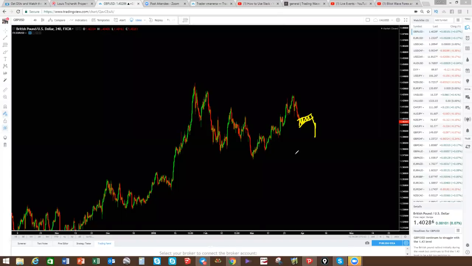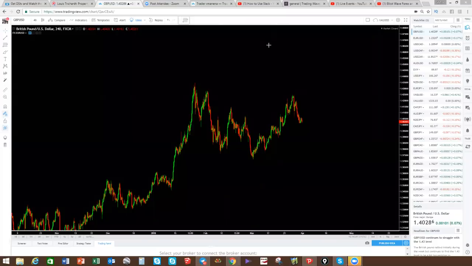Okay, if you wanted to enter, we are already short on this. So if you wanted to enter, you look for continuation pattern, and that's what I said for the last couple of weeks, that if this breaks to the downside, then the next stop is probably going to come down to this level. That's what you're going to be looking for.